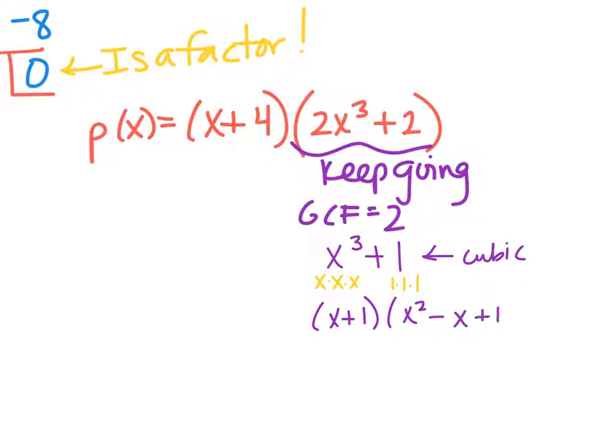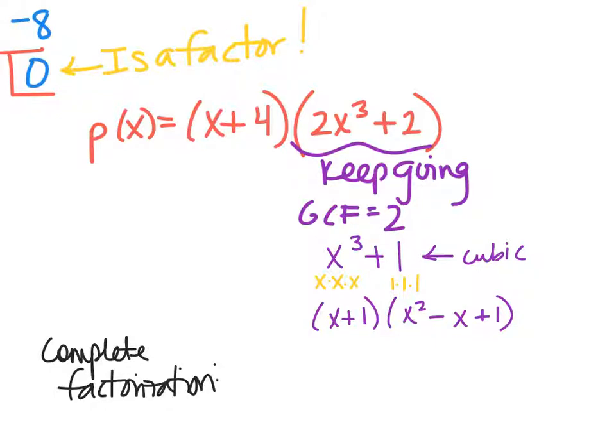and then plus 1. So now if I write the final factored form, if we're going to write what is completely factored, the complete factorization is going to be my GCF, I'll put that one in the very front.